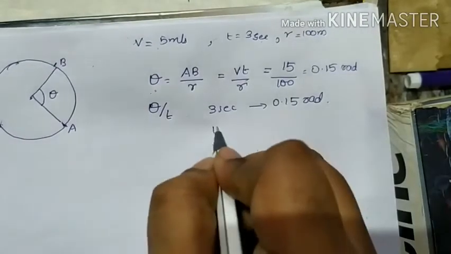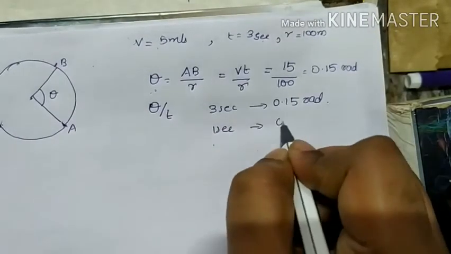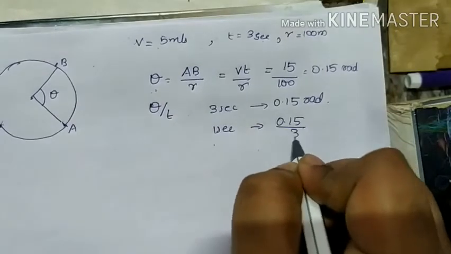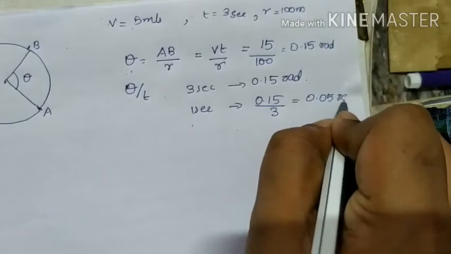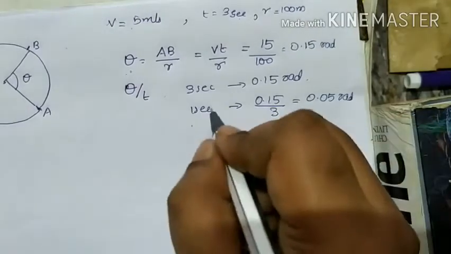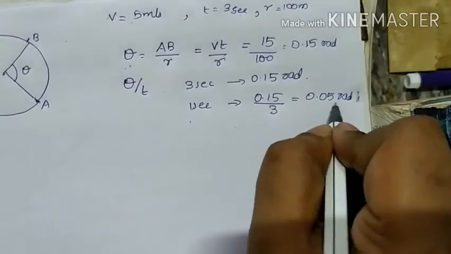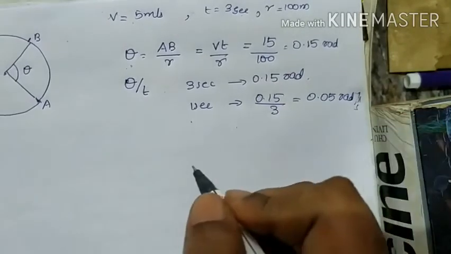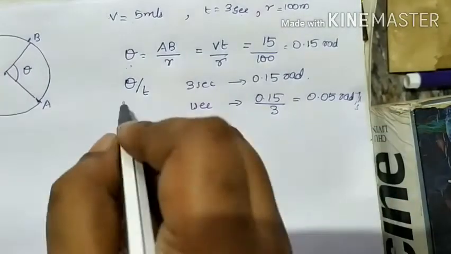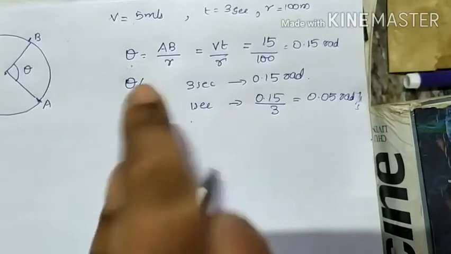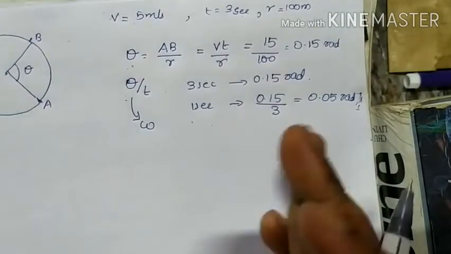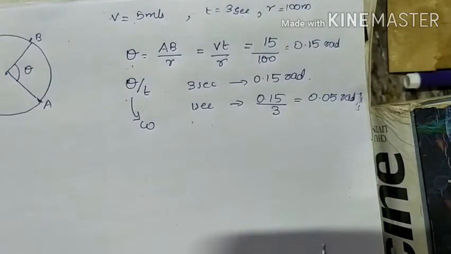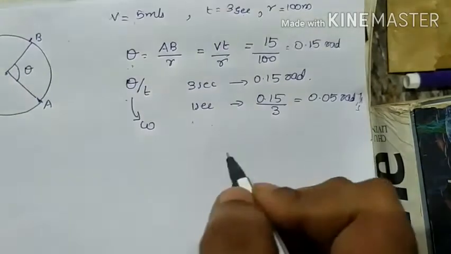So for 1 second, how much will be the angle subtended by him? 0.15 divided by 3, that is equal to 0.05 radian per second. Right? Clear? This theta by t is known as angular speed in your rotatory dynamics, which you will learn in later classes or later chapter. So omega is theta by t.